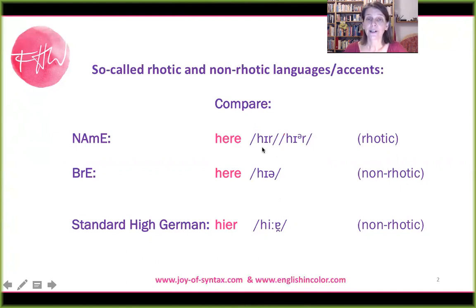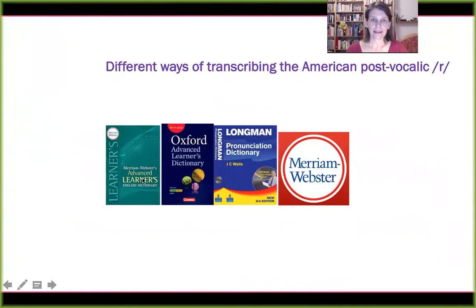Okay, so here. Now let's compare dictionaries, and I am comparing entries in Merriam-Webster's Advanced Learners, Oxford Advanced Learners, Longman's Pronunciation Dictionary, and Merriam-Webster's Collegiate. Now, these three are available for free online, and this one I own because I bought it.